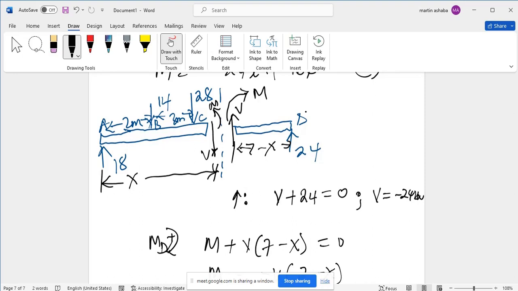Then if I also choose to draw the other portion that is remaining, I also need to follow the correct sign convention.